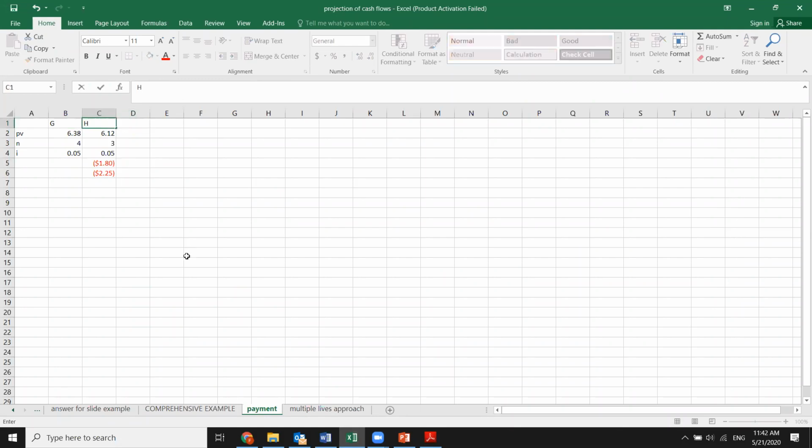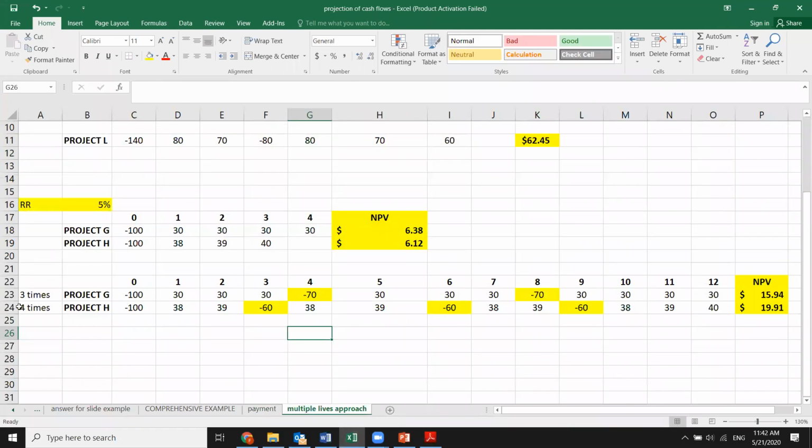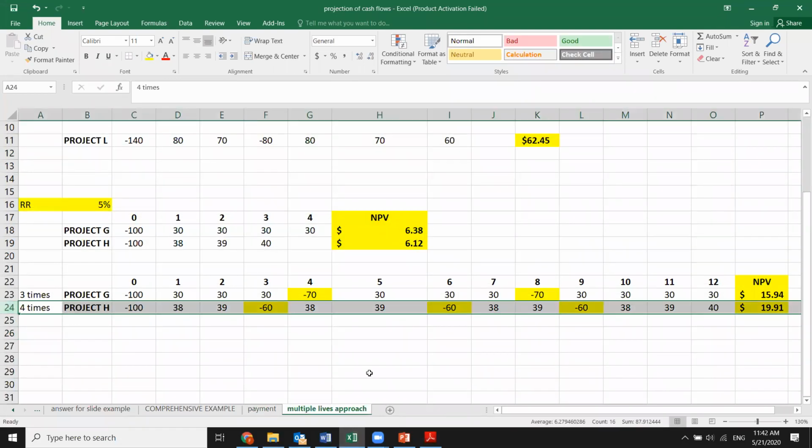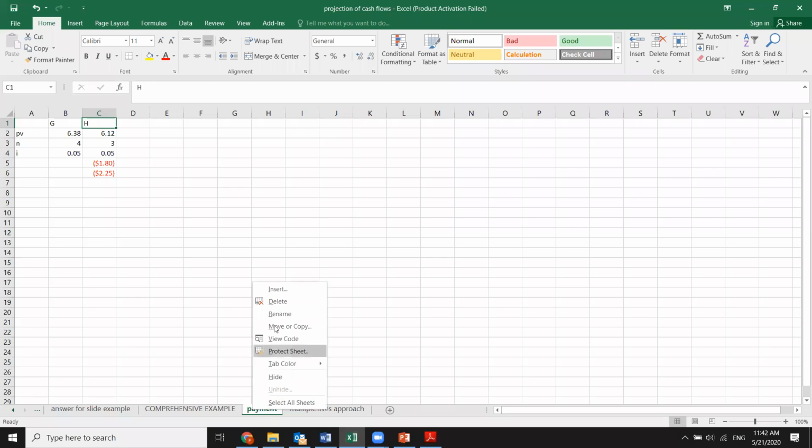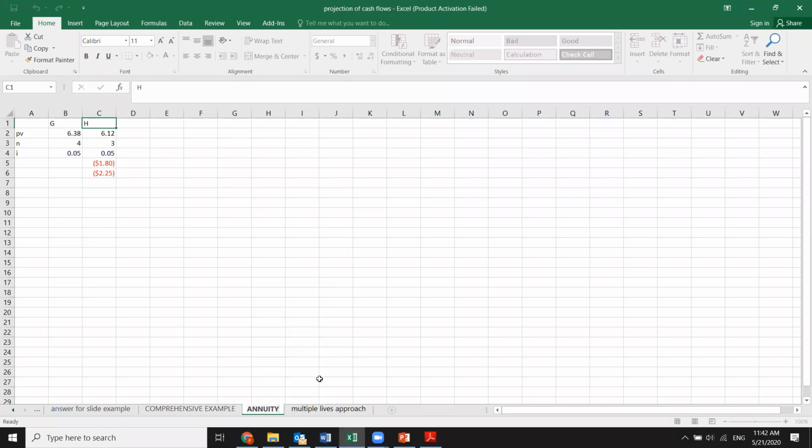According to LCM, we choose project H, yes? But let's see what we'll choose according to annuity. Annuity payment. Now, present value, it's NPV.